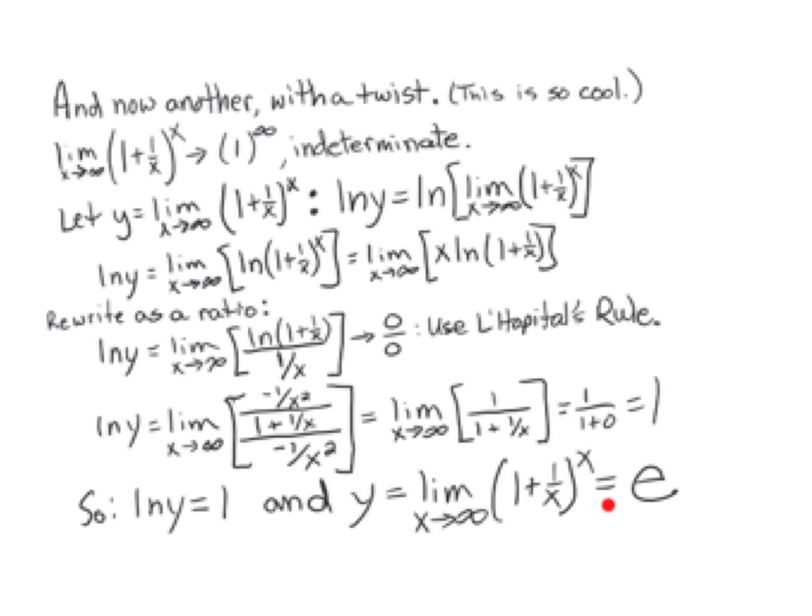Y equals this original limit, but it's going to equal e to the first power. So, pretty cool outcome here. We just proved that the limit as x approaches infinity of 1 plus 1 over x raised to the x power is e. That's pretty cool. All right.